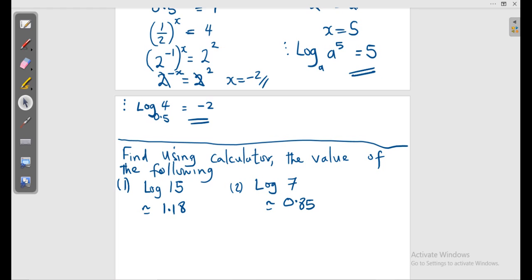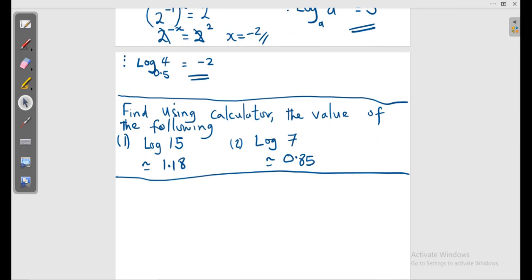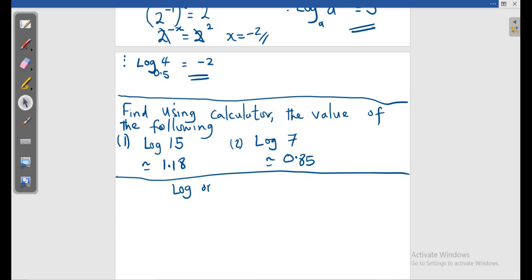But here is the kind of question I want us to examine. Note also, when you write ordinary log, it means log to the base of 10. So log or LG means log to base 10.